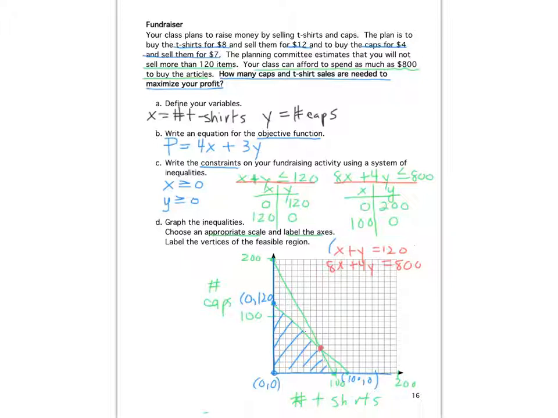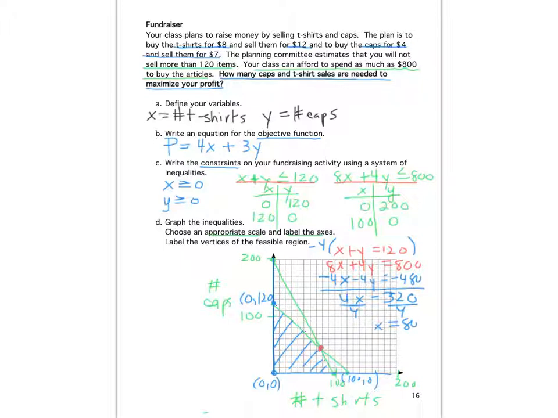I'm going to get rid of the y's and multiply by a -4. So that'll give me a -4x, minus 4y equals -480. And my y's are eliminated. I will end up with 4x equal to 320, and if I divide through by 4, I'll end up with 80.